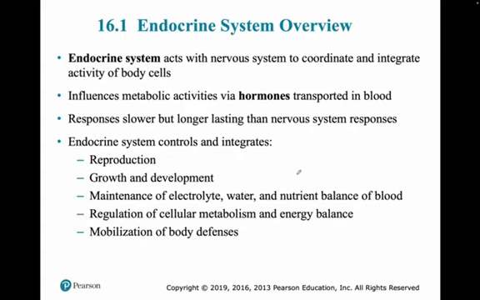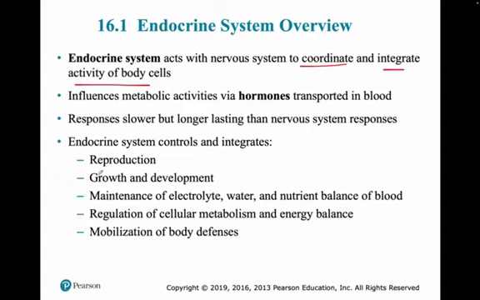An endocrine system is a system that acts with the nervous system, and it coordinates and integrates activity of body cells. All right. And when we talk about activity, what activity are we talking about?